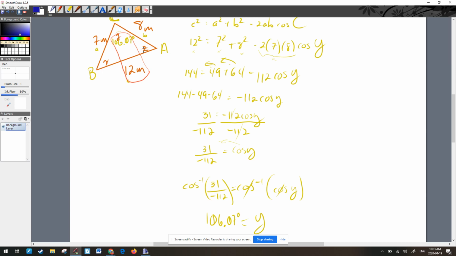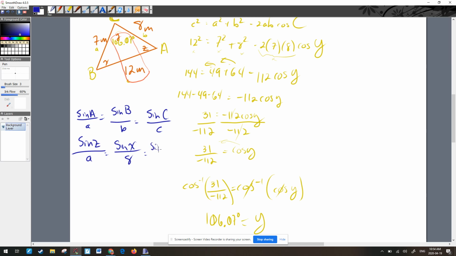And so I'm going to use sine law to find angles. So I'm going to say, oh, that means it's the sine of A over A equals the sine of B over B equals the sine of C over C. So I'm going to fill those things in. A is Z. So I'm going to have the sine of Z over A is equal to the sine of B. Well, B is X, so the sine of X over 8 is equal to the sine of C. Well, we know that initially C was Y, but now C is 106.07.